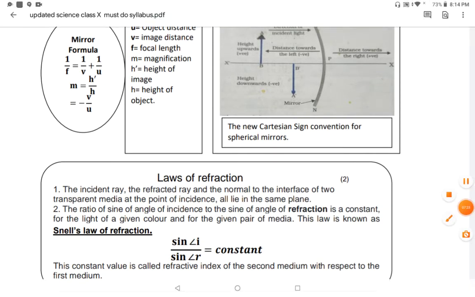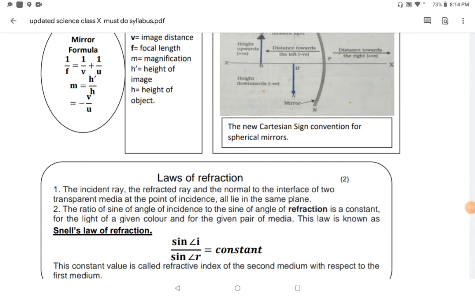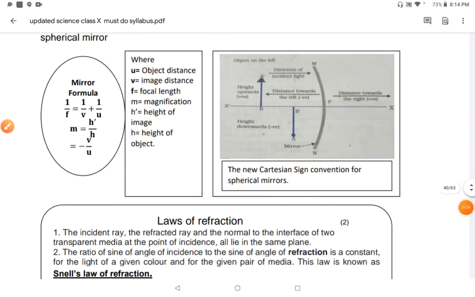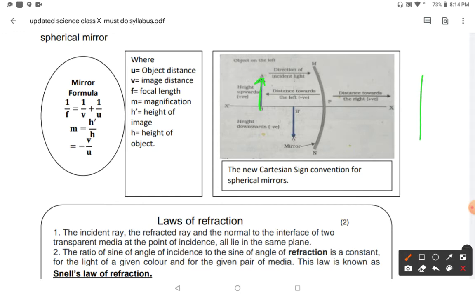And to draw these diagrams and to calculate through the concave or convex mirror, first of all you have to take the sign convention rule. For a concave mirror and spherical mirror, you have to use the Cartesian sign convention. This is the height of the object, which is always positive, just like Cartesian coordinates, this is the x-axis and upper is the y-axis. This is x dash and this is y dash.